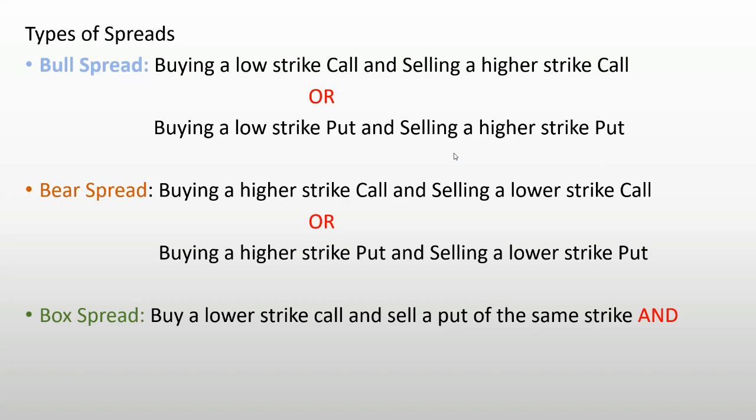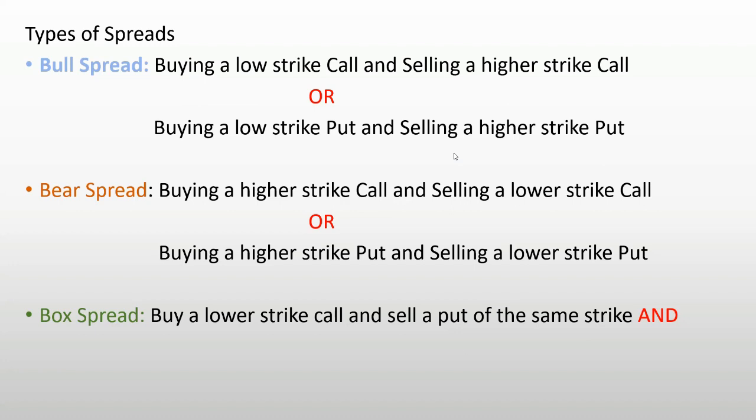A box spread is a spread which always gives you a positive cash flow. So it's better. It is for the most risk averse investors. So how can we make a box spread? A box spread can be made by buying a long synthetic forward and selling a long synthetic forward of a different strike.